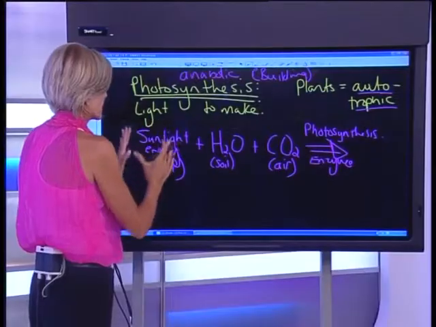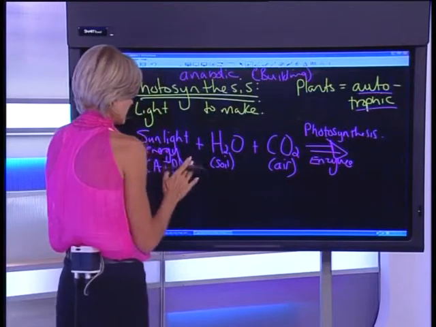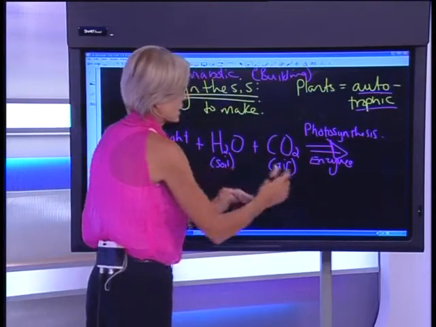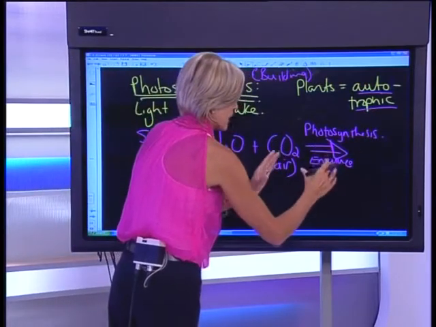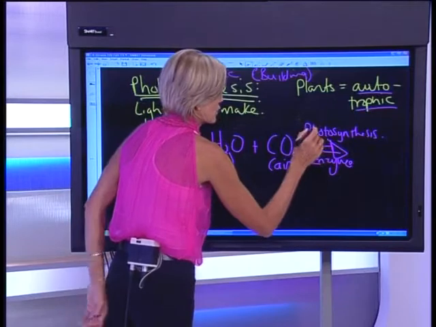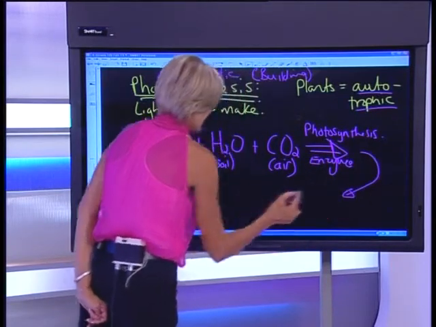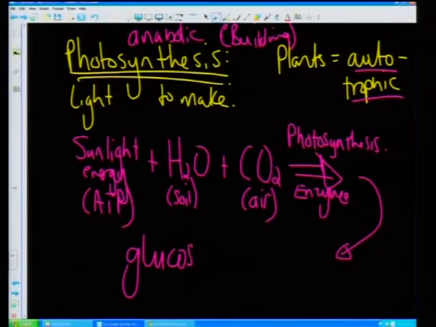So the plant's going to take sunlight energy from the sun, water from the soil, and carbon dioxide from the air, and all of this is going to happen because of enzymes in the grana and the stroma of the chloroplast, and we are going to end up with glucose and oxygen.